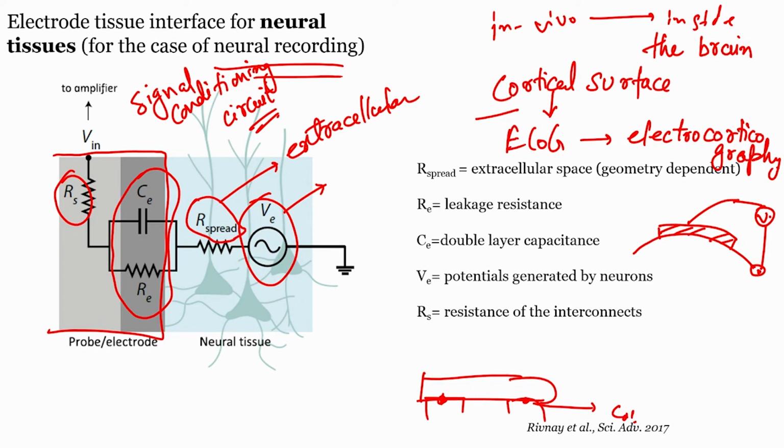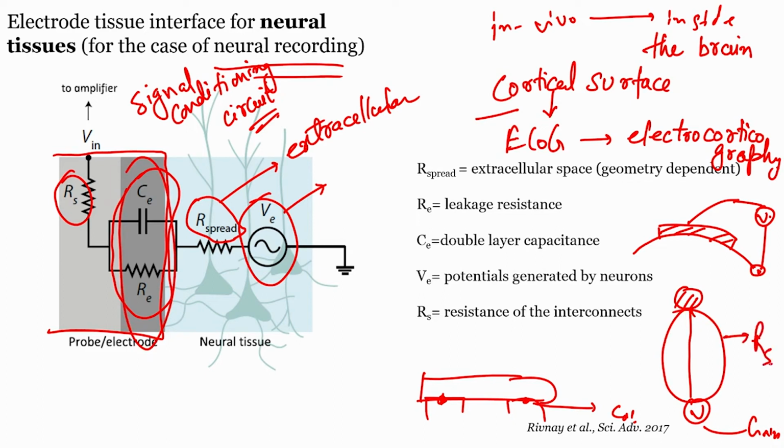this particular TA session. So this electrode, let's say it consists of recording sites and then interconnects which are then connected to this recording system. So this shaded area is the part where these things come, and this part which is the interconnect is RS.